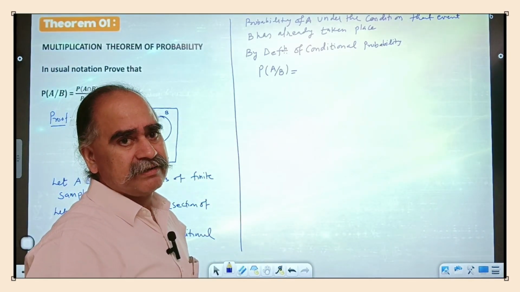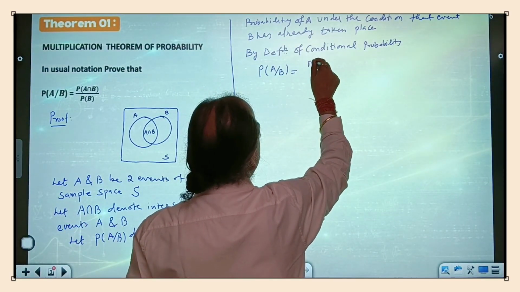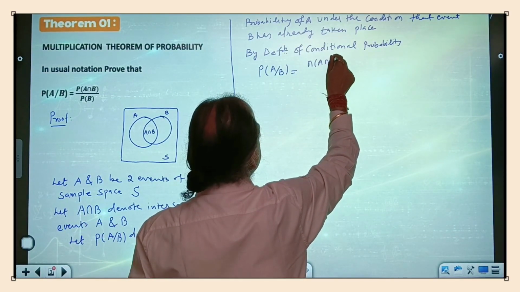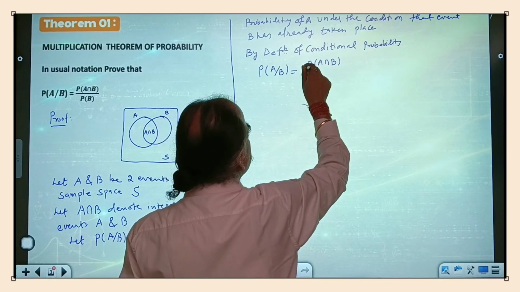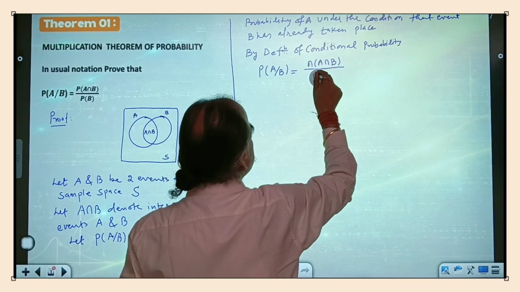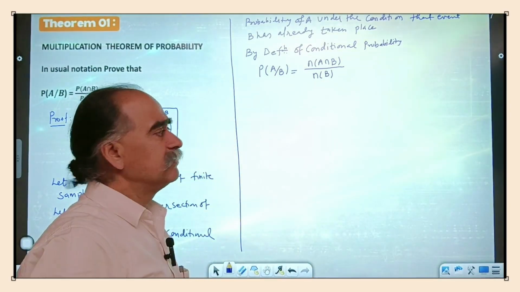As shown earlier, number of elements in A will be N(A intersection B). Since B has taken place, N(B) will become the points in sample space.